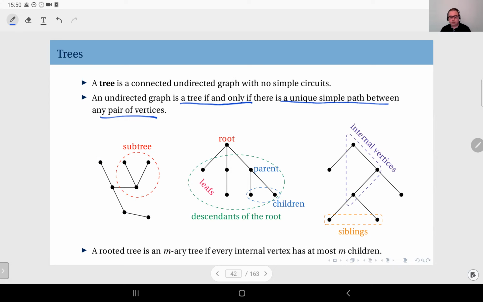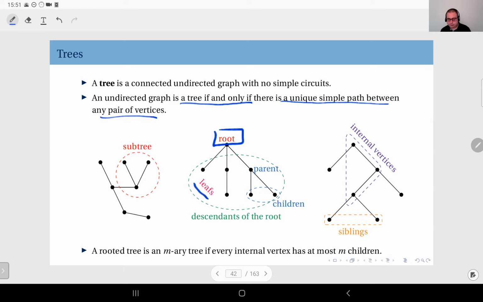Okay, so we have some terminology here. Of course, similar to subgraphs, we have subtrees. The definition is the same. You have a subset of vertices, subset of edges, and we have the concept of a root, as we have seen in graph traversal. It's the same concept. And with respect to the root, we have leaves that are the vertices at the lowest level, if you will.